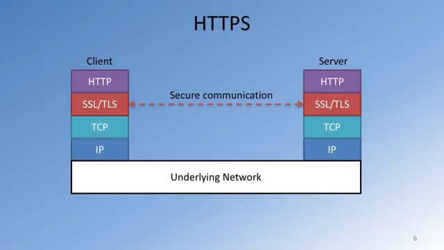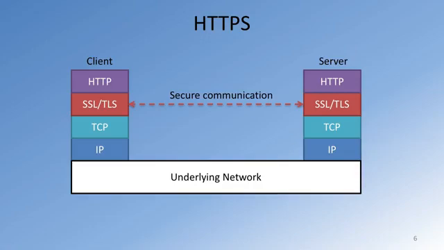So as you already understand, the internet is a layered architecture where the IP and the TCP form the network and the transport layer, which runs on top of the underlying network.